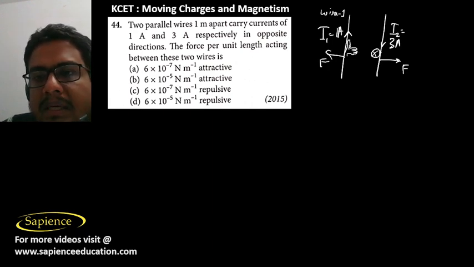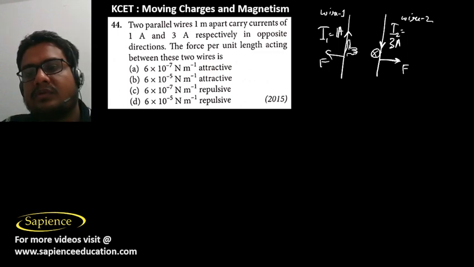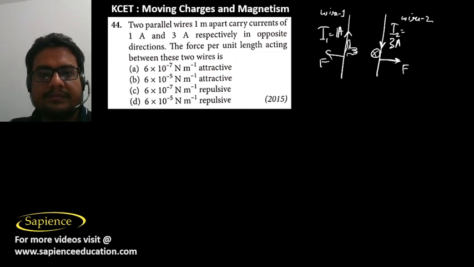So if we find the magnetic force on the wire 2, due to the magnetic field caused by wire 1, that will be IL cross B. So it will be towards the right. So it will be repulsive.